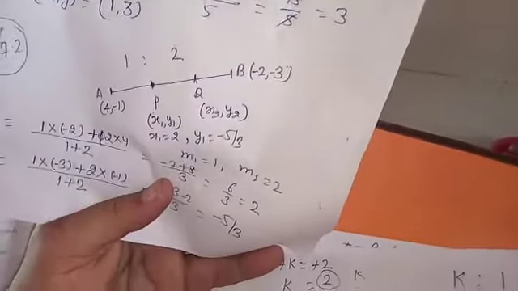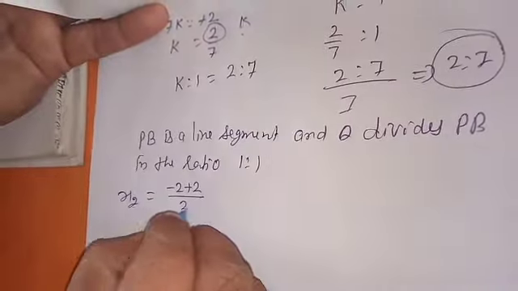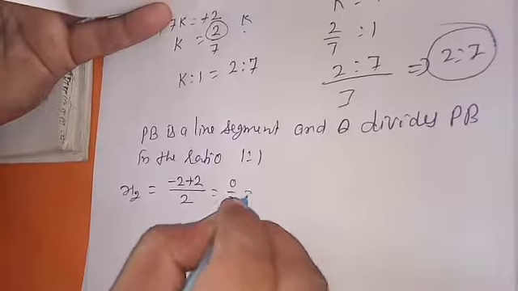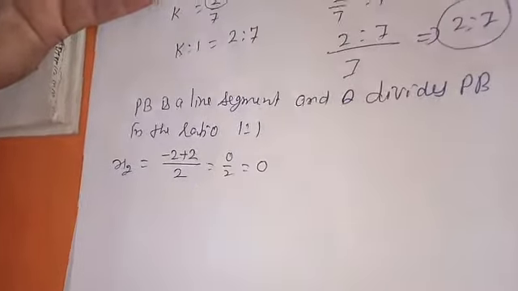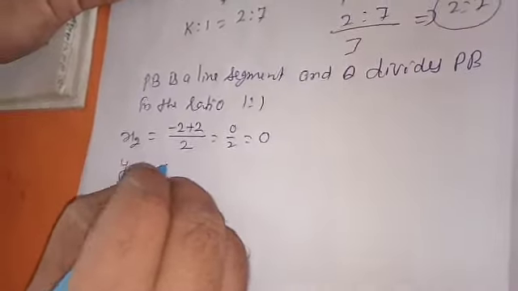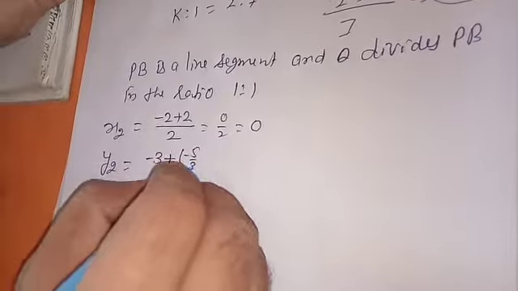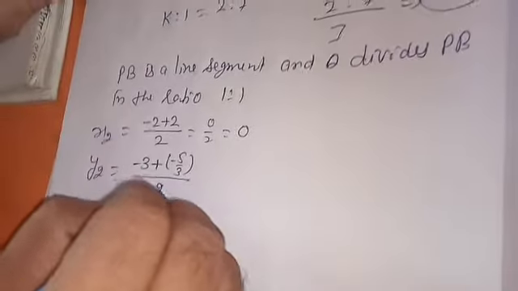So x2 is equal to minus 2 plus 2 by 2, which is 0 by 2, meaning 0. y2 is what? Minus 3 plus minus 5 by 3, divided by 2.